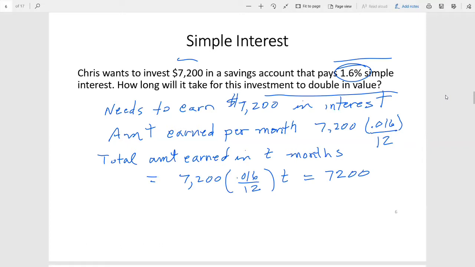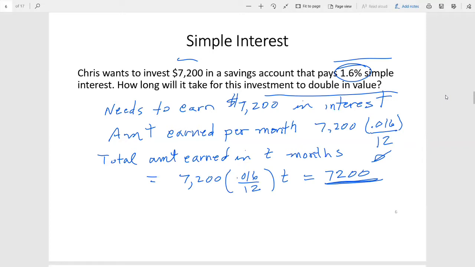Notice if he wanted to triple in value, this number would have to be triple 7,200. However, in this case, to double it, he'll just have to get 7,200. So now let's solve this equation.